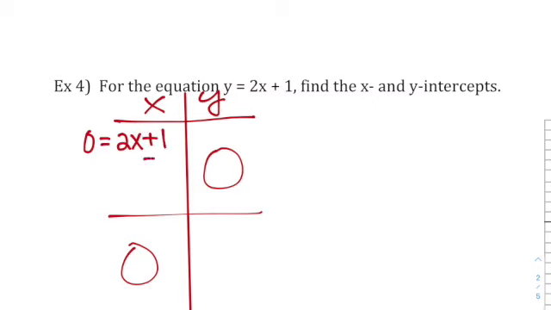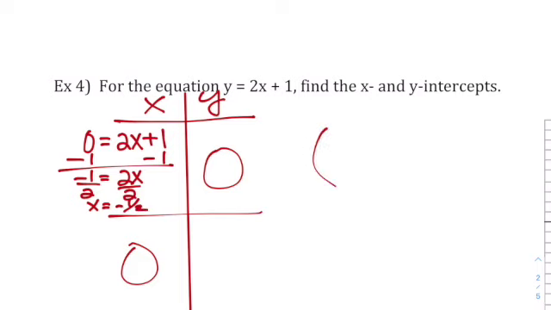Then you can solve it: subtract 1, and you have 2x equals -1. Divide by 2, divide by 2. Your x equals -1/2. Okay, that is the first one. So the ordered pair is (-1/2, 0).